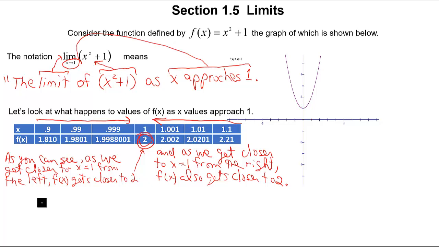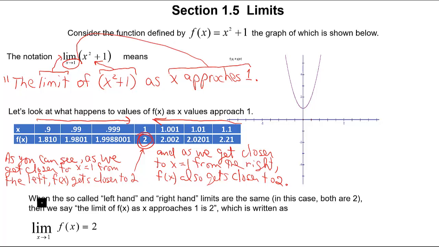So as you can see, from the left or from the right, and we're going to call those left-hand and right-hand limits, they're the same thing in this case. If you come in toward 1 from the left side of 1, the function value gets closer and closer to 2. And as you come in from the right side of 1, but increasingly closer to 1, the function values also approach 2.